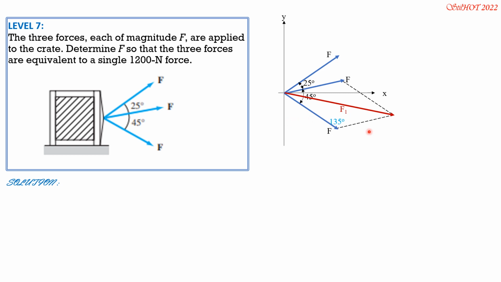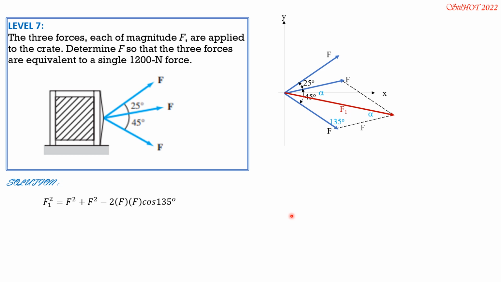And so we can express F1 in terms of F by cosine law. We will call that alpha, but alpha is 22.5, anticipated, half of 45. This is also 22.5, but let's just call it alpha. This is also alpha. So F1 square by cosine law equals F square plus F square minus 2 times F square cosine of 135.